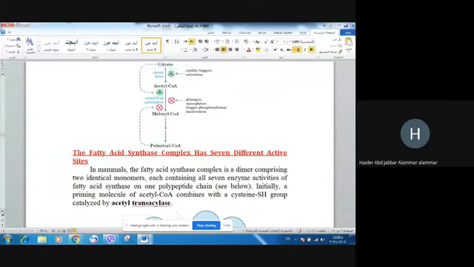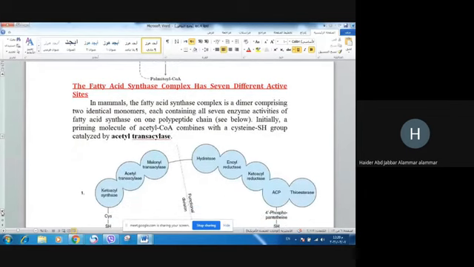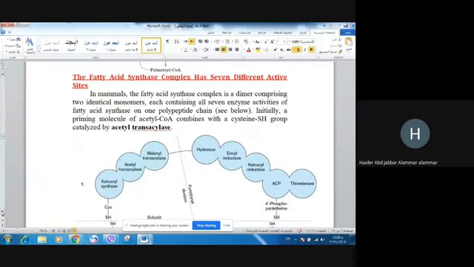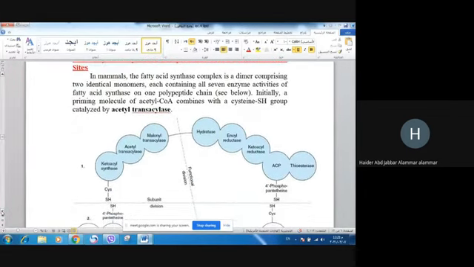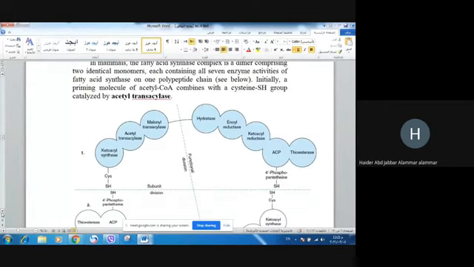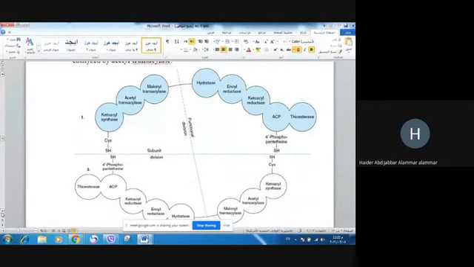This is regarding the fatty acid synthase complex. This is for observation. You have to know, please, these 7 enzymes bind or linked or joined together in what is called head tail arrangement.